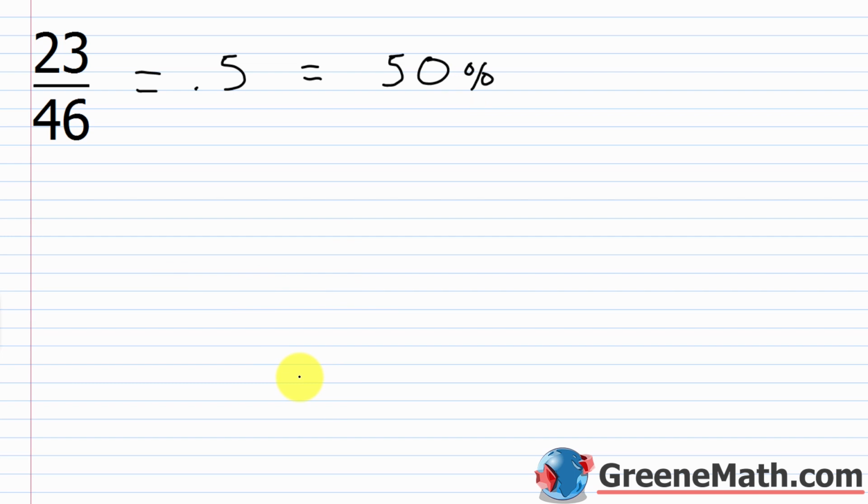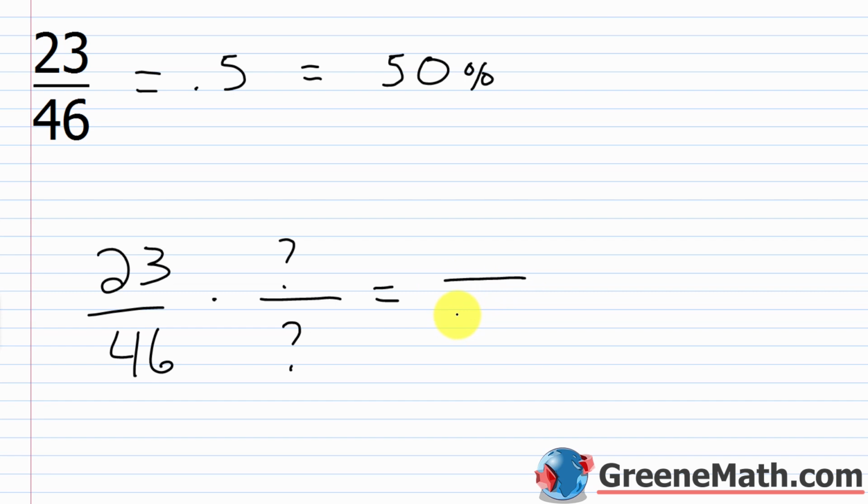Now let's say that we wanted to go through and try to do it using the other method. So 23 over 46 times what over what will give me something over 100. So we know from basic rules that 46 times some number equals 100. 100 divided by 46 would give me this number.